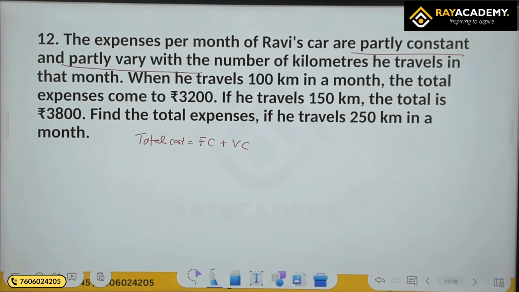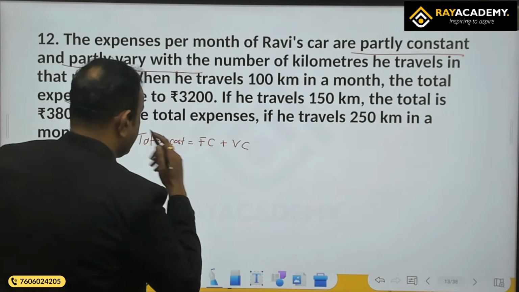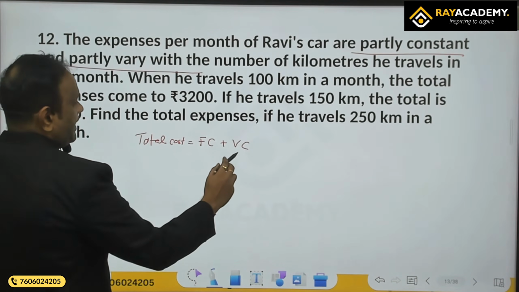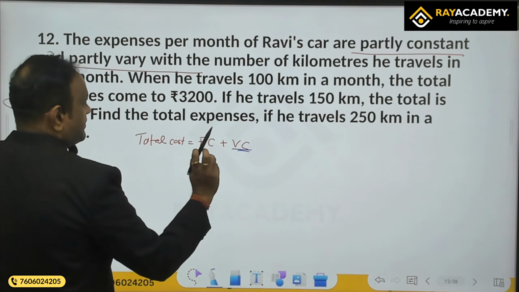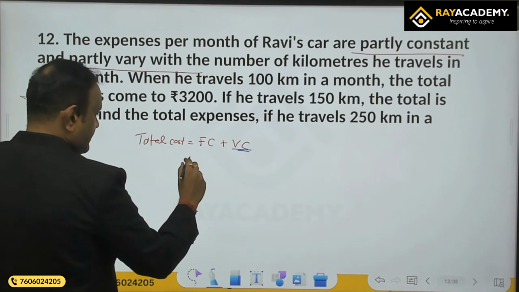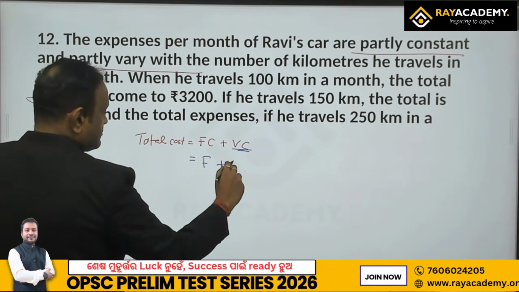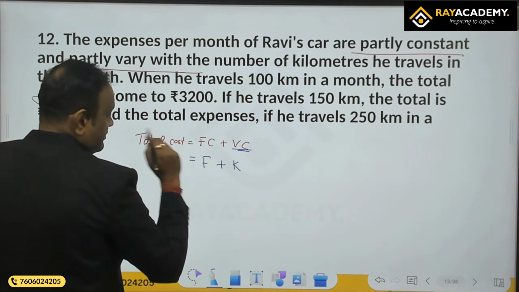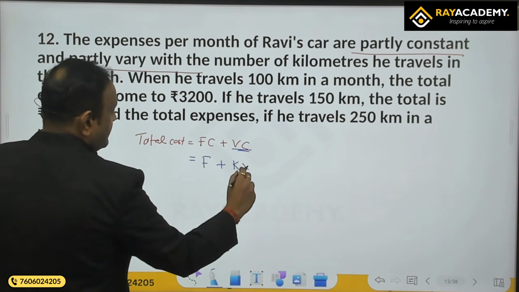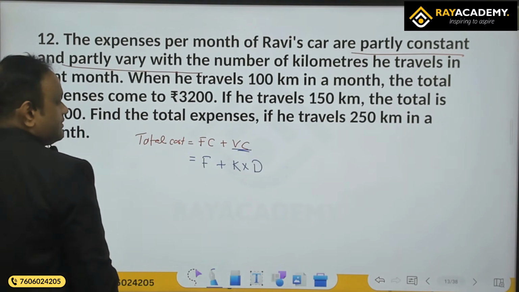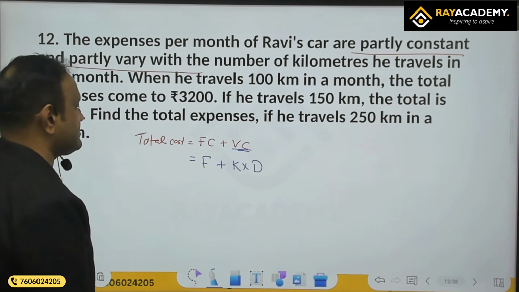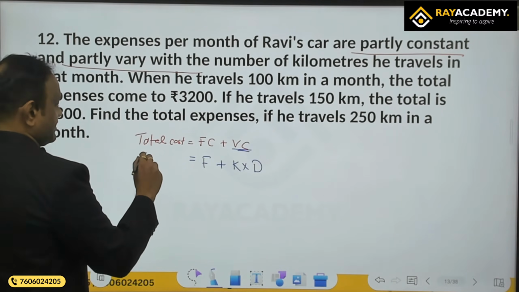When he travels 100 kilometers in a month, the total expenses come to 3200. So the variable part depends on the number of kilometers. I can write this as some fixed amount f plus variable cost k into d. Suppose k is a constant that is multiplied with the distance. D is the distance, k is any constant. This is the total expense.